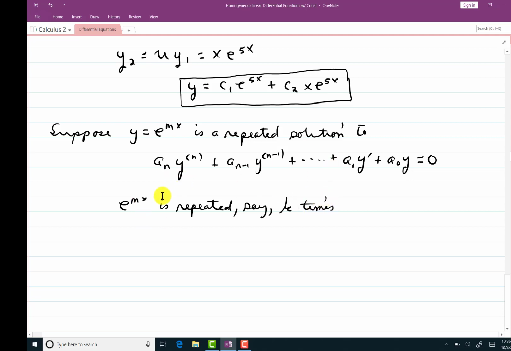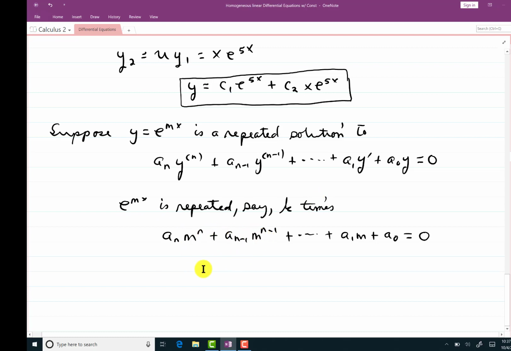That means when you solve the auxiliary equation, a n m to the n plus a n minus 1 m to the n minus 1, and so on, suppose this is repeated k times.